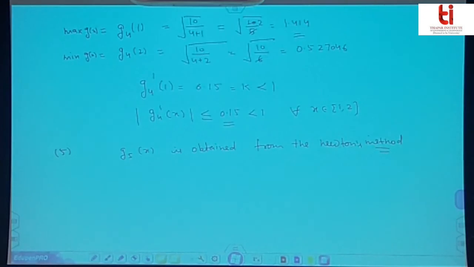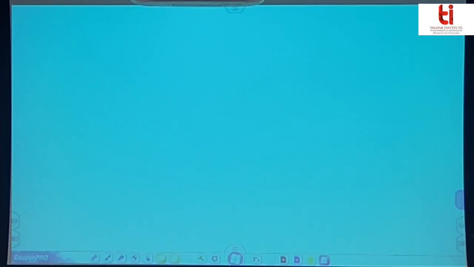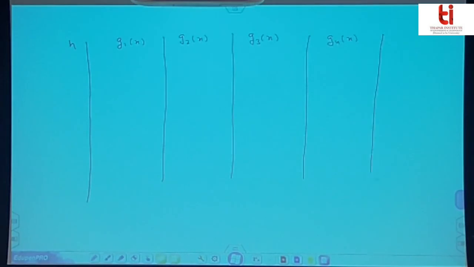So now we'll find the root, or fixed point, of g(x). Let us use different g's here: g1(x), g2(x), g3(x), g4(x), and g5(x).